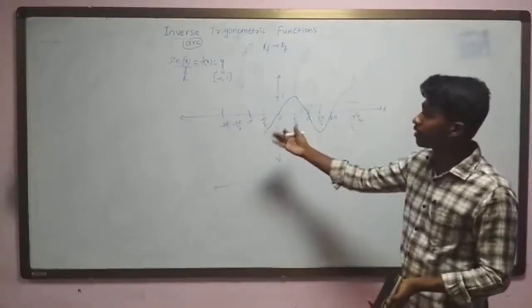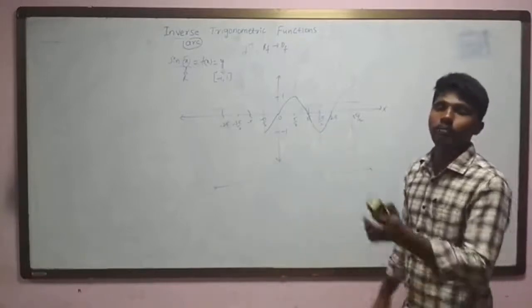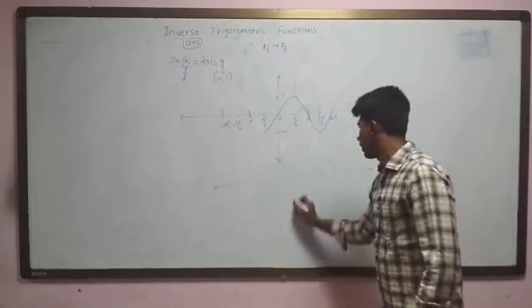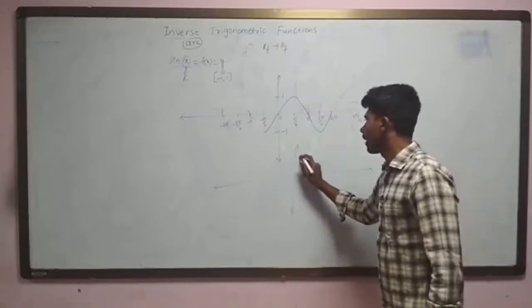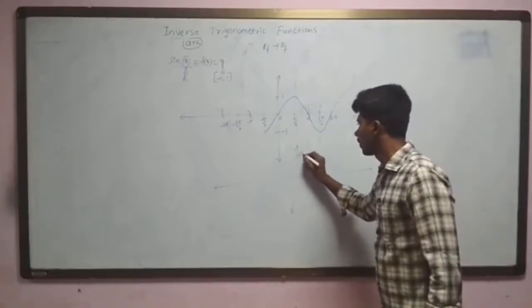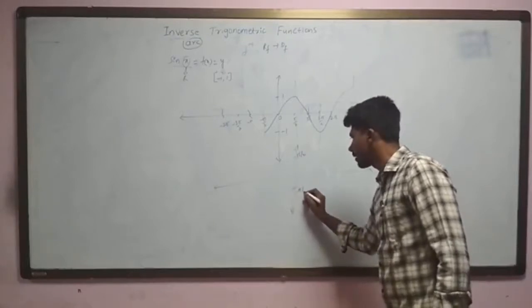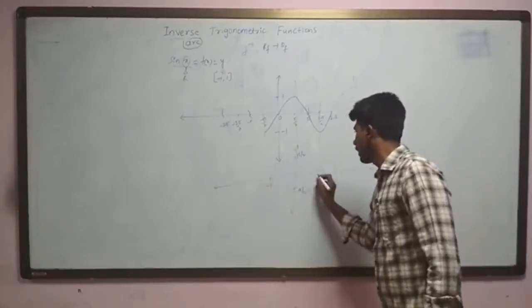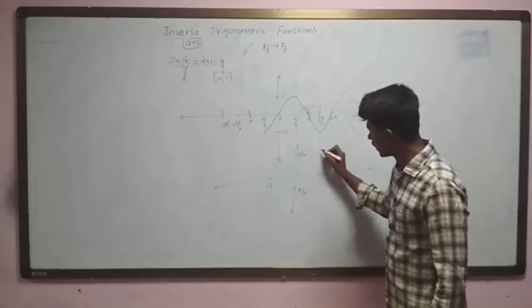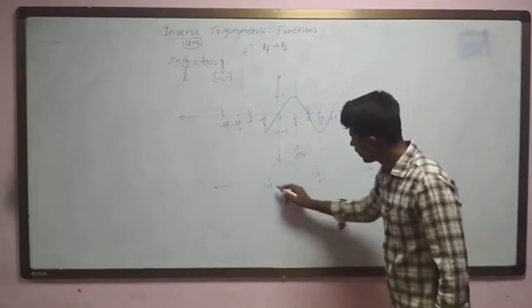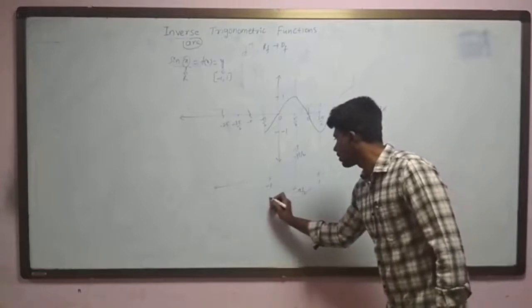That means domain has to become range and range has to become domain. Now if I make it like that, this will be pi by 2 and minus pi by 2, -1 and 1. At pi by 2 its value is 1, at minus pi by 2 its value is -1.